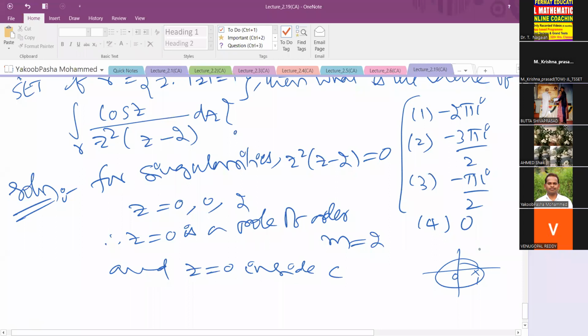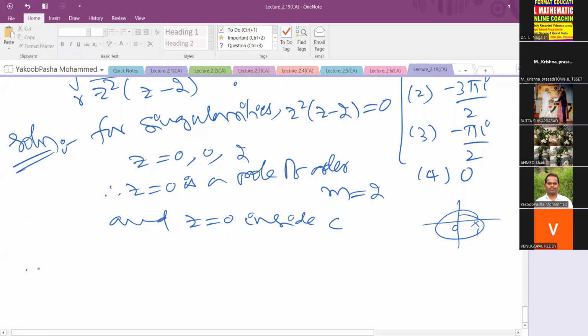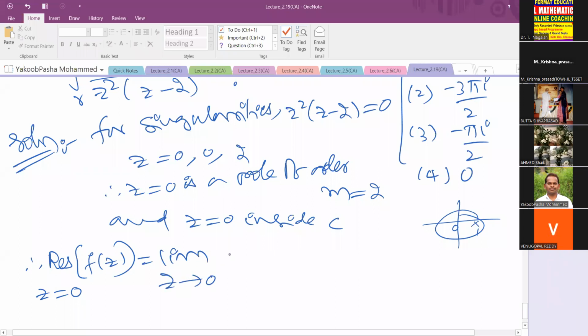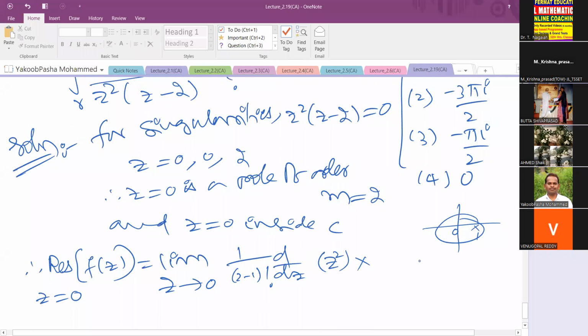So the residue of the function f of z at z equal to 0 is equal to limit z tends to 0 of 1 by (2 minus 1) factorial times the derivative d by dz of (z minus 0) whole square into the function f of z. f of z is cos z divided by z square into (z minus 2).